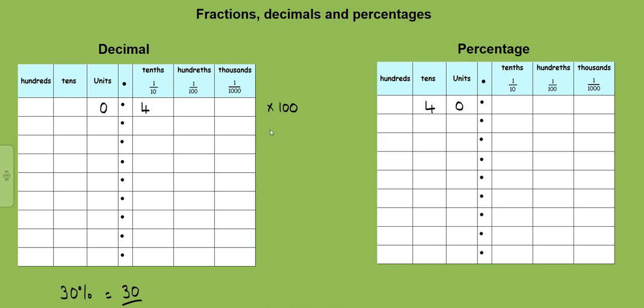If you're feeling confident, I'll write some up and you can have a go at doing them. Well, let's put them in here. So let's try 0.2. If you want to have a go, pause the video, try it out, and then come back.